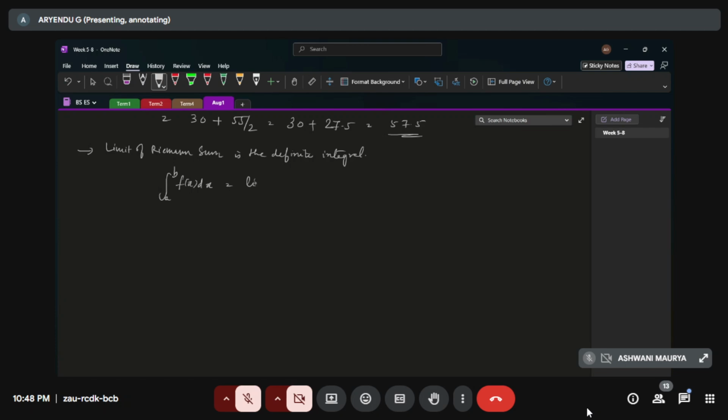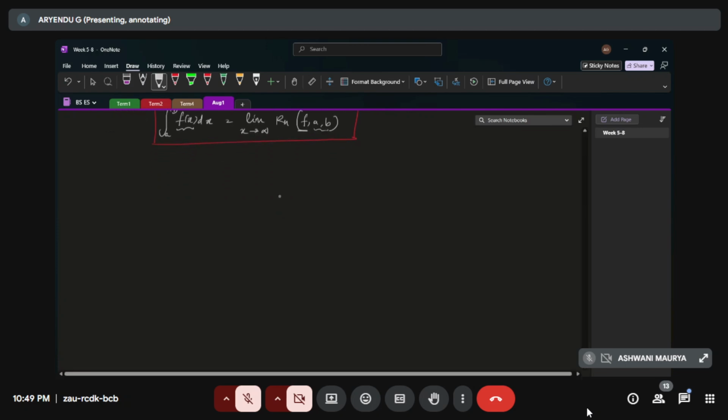And if you require, you can calculate it by the limit as n tends to infinity of Rn for the function from a to b. The theorem simply says that the definite integral of the function f of x can be given by the Riemann sum of the function within the interval a to b. That is not something you will have to calculate. It is simply a theorem that you are supposed to know.